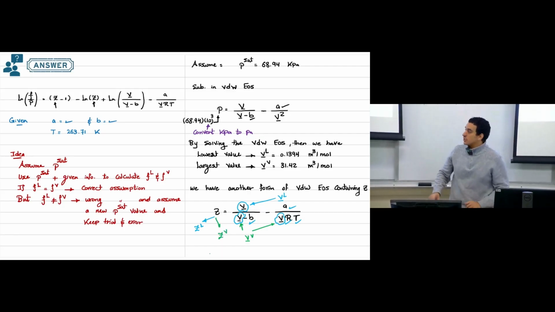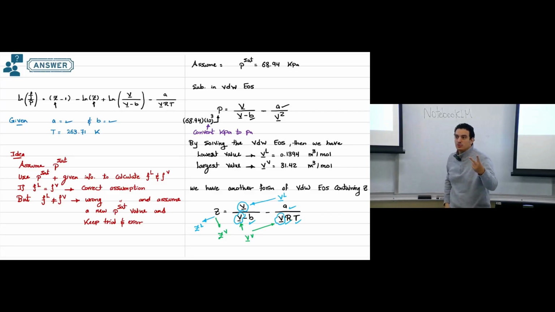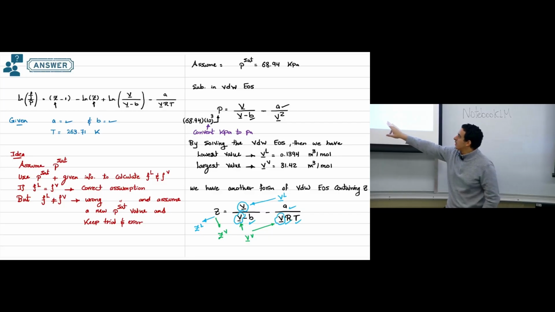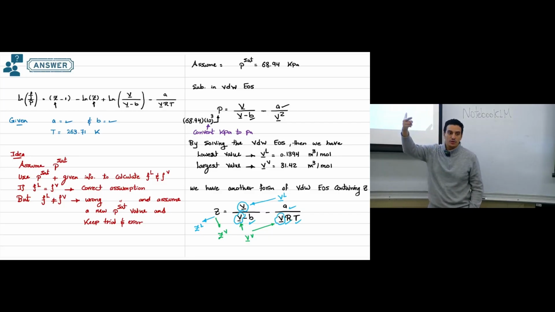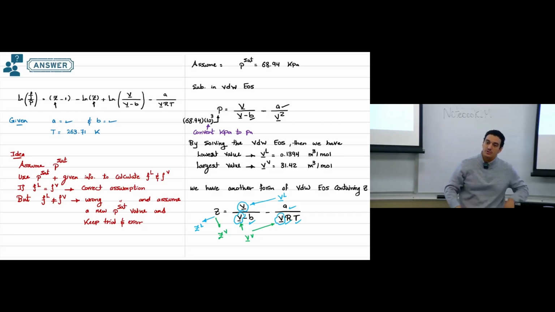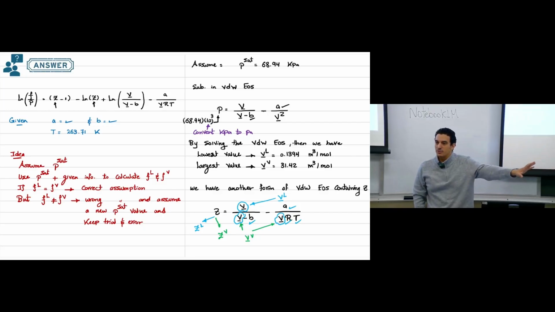So again, in this equation, I will substitute two times. A, B, R, T will be constant, no change in this one. But molar volume, I have two molar volumes, one for liquid, one for vapor. Use the first one for liquid, substitute, calculate compressibility factor for liquid. Use the molar volume of vapor to find compressibility factor of vapor.